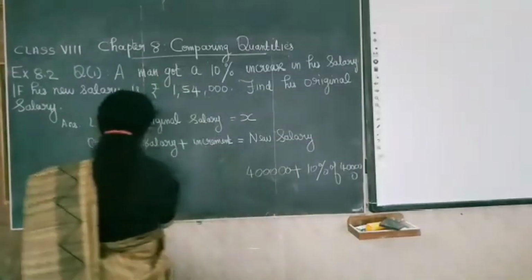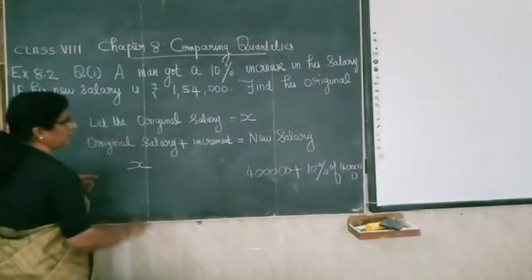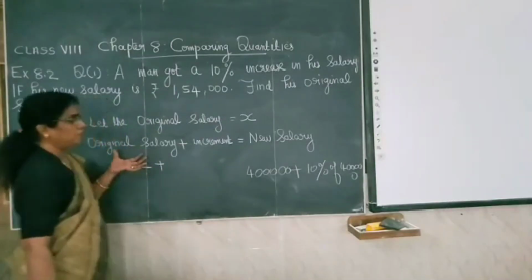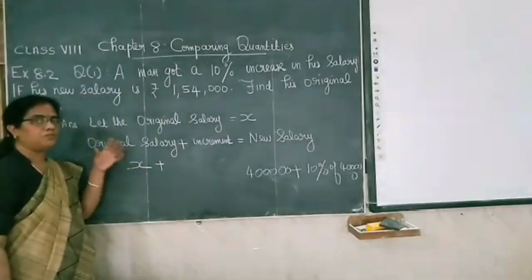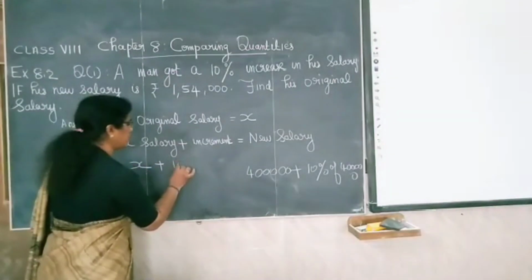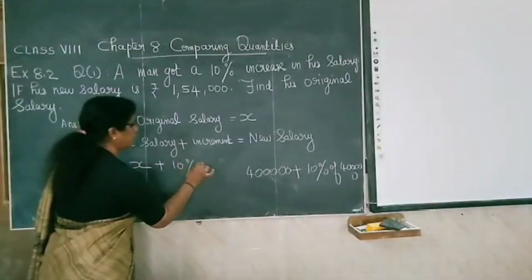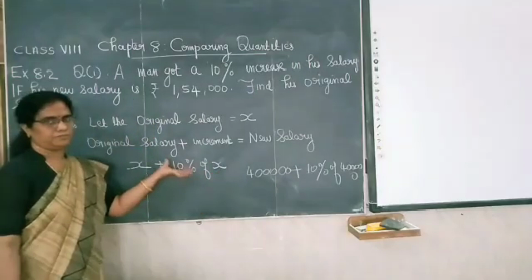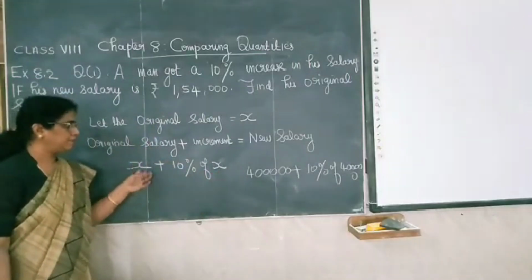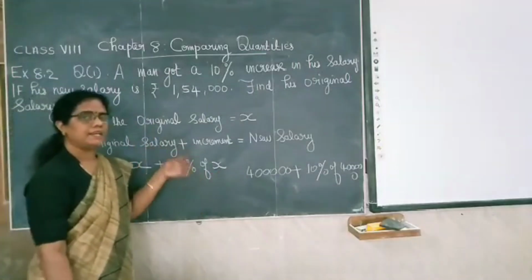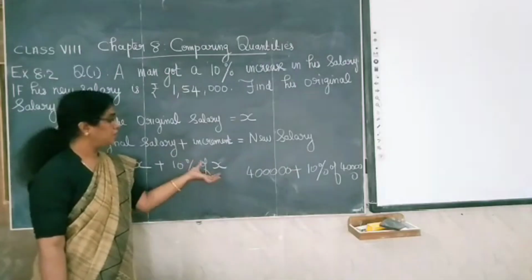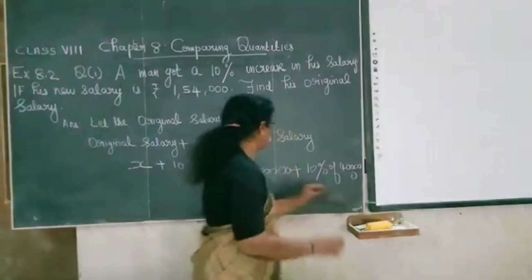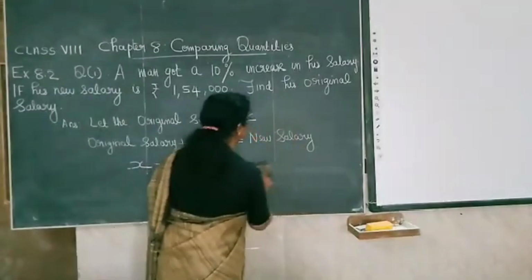So X plus the increment, that is 10% of the original salary, that is 10% of X. First his salary was X, then the increment is 10% of his original salary. When we add that, he will get the new salary.